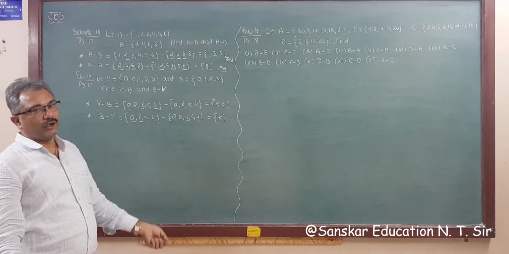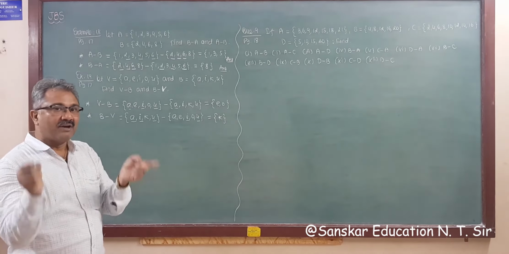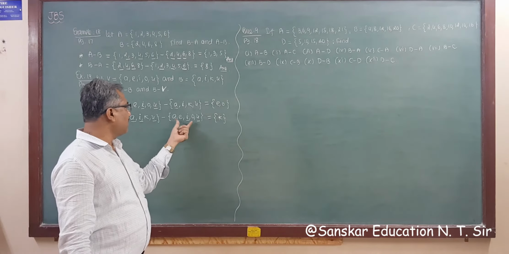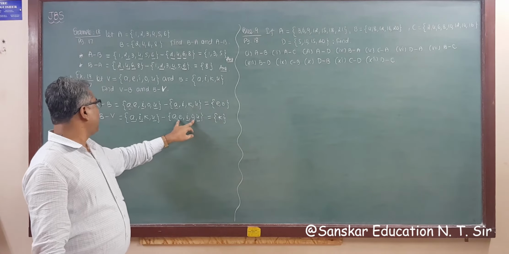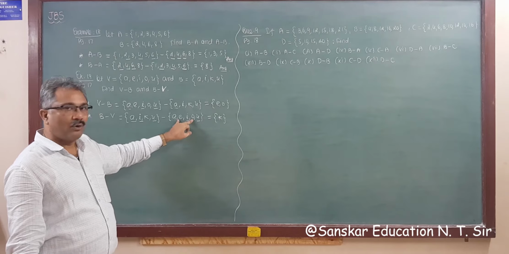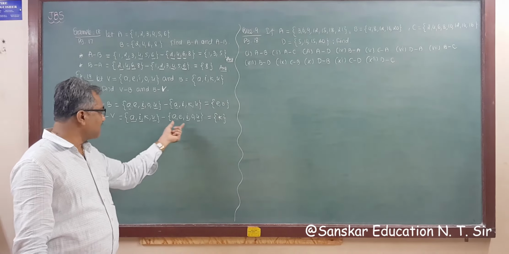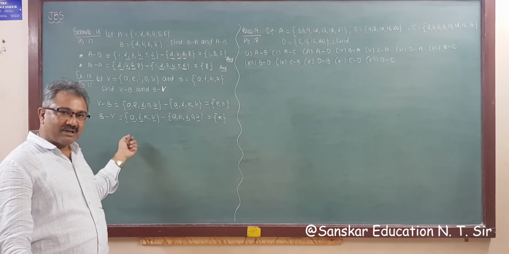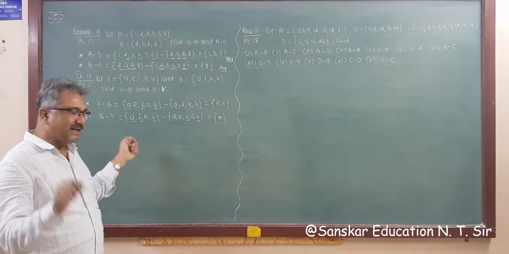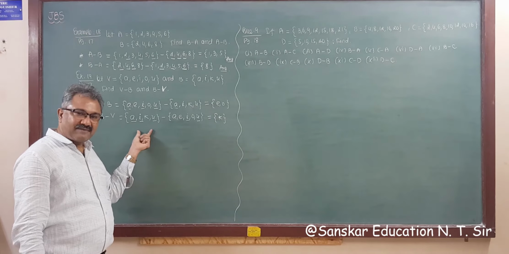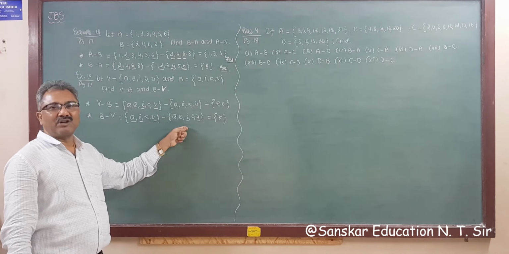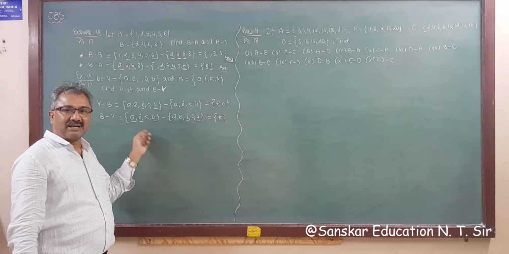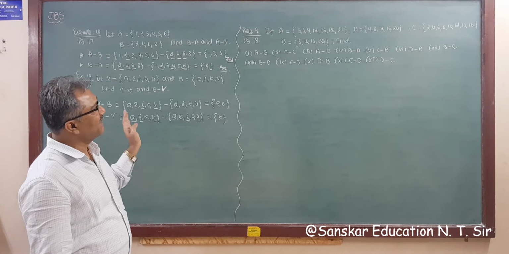Difference set means you have to remove common elements from the first set. From the first set, that is important. If there is no U and no O and no E in B, no problem. We have to remove only common elements from the first set, because the definition says elements which are in the first set but not in the second. So this is your definition.